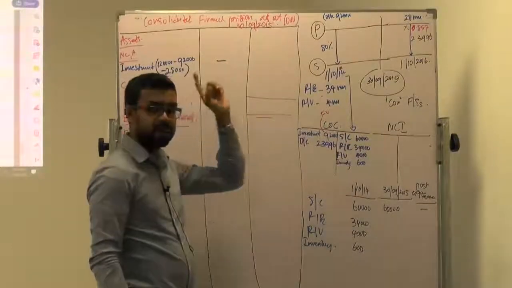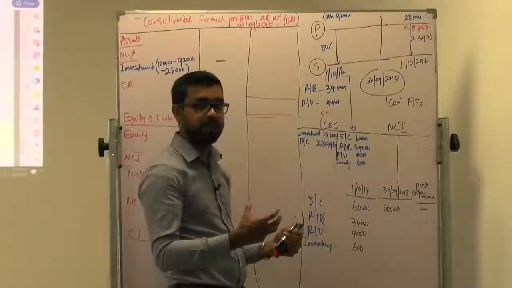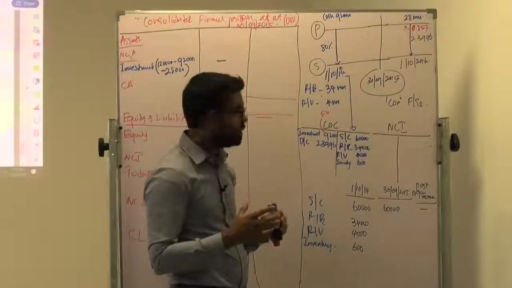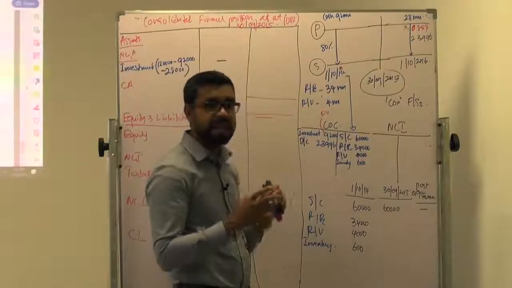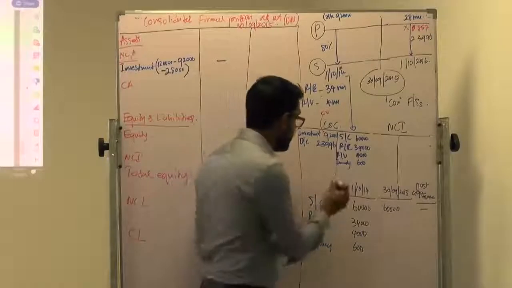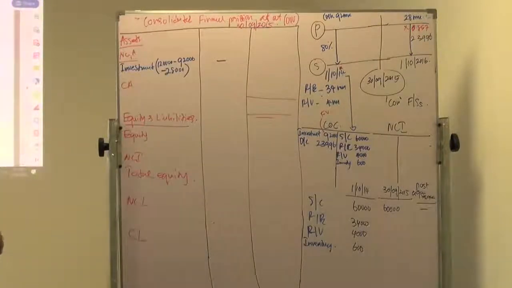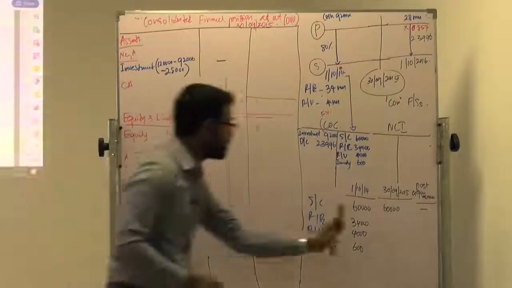Inventory, whatever the increase amount, debit there, credit here. We are taking the entire reserves at the date of acquisition to the cost of control account for the purpose of calculating goodwill. Done. Then post-acquisition reserves.